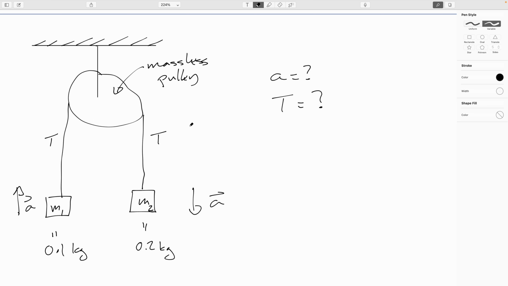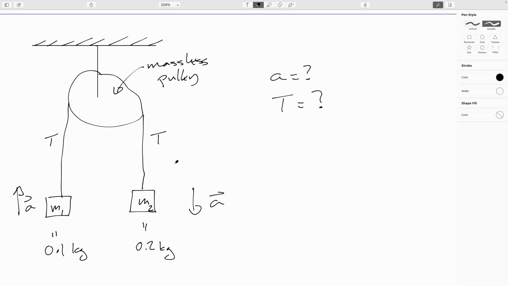But if we consider that with a real-world string, it would have stretched a little bit. The force due to tension in the string will be proportional to how much each bond between atoms in the string stretched. And the amount of stretch you'll have as you're going over the pulley is the same as anywhere else. So by that logic, the tension is the same.